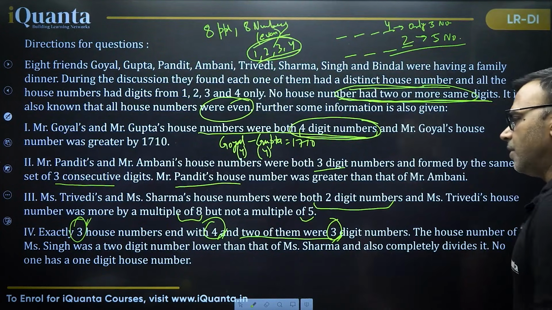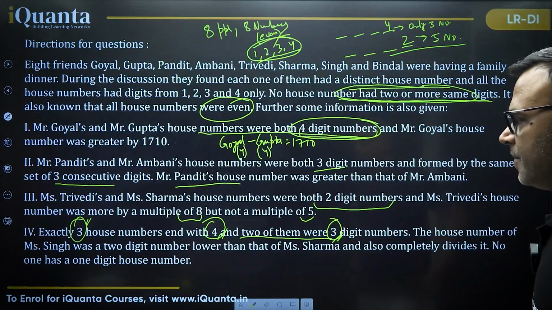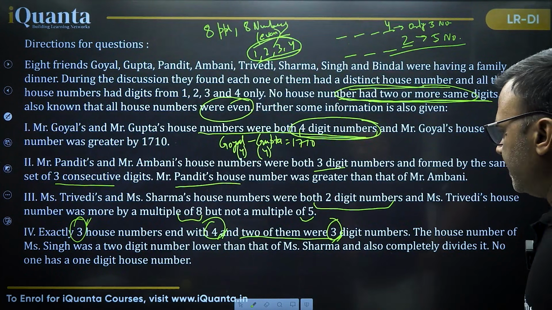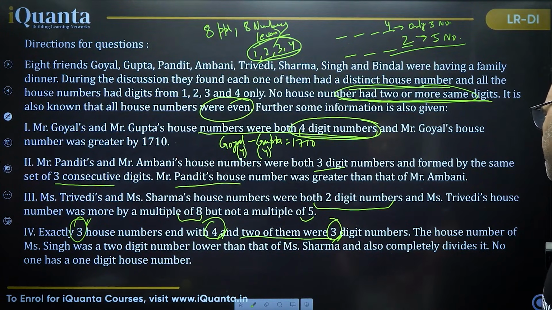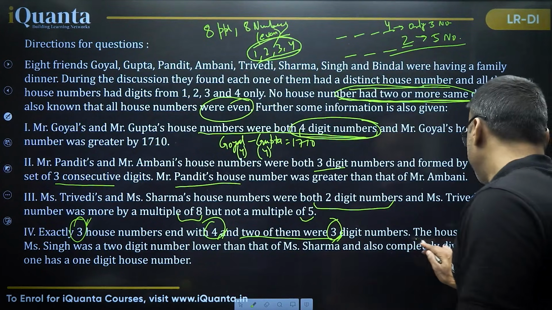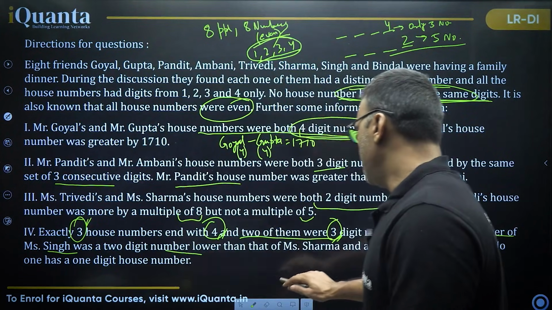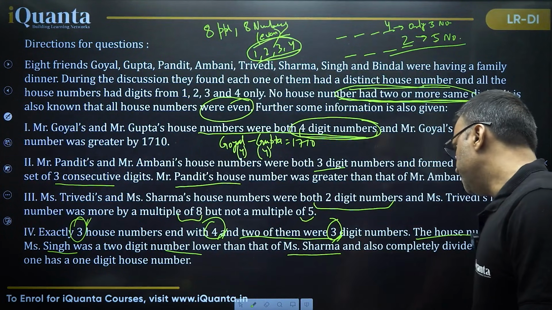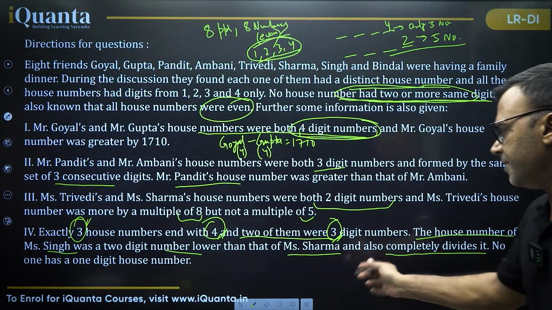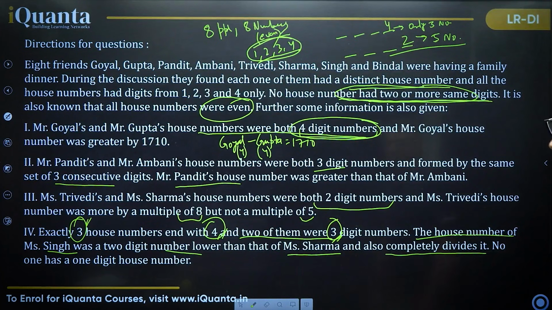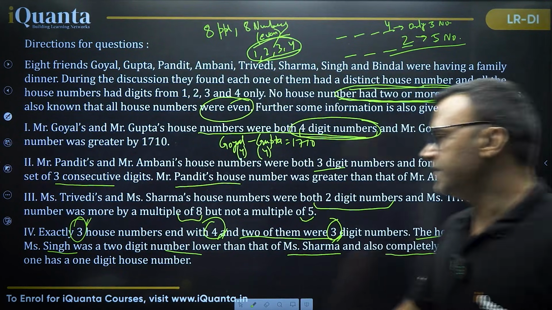The house number of Miss Singh was a 2-digit number lower than that of Miss Sharma and also completely divides it, means divides Miss Sharma's number. No one has a 1-digit house number.